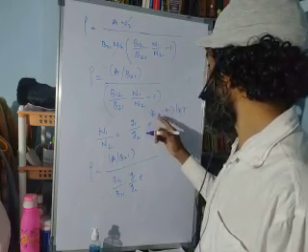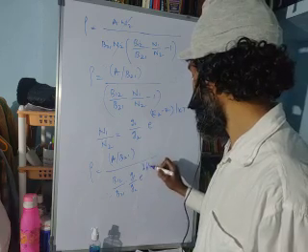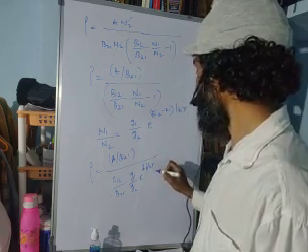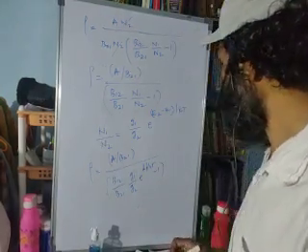We can even write this e2 minus e1 as h nu. So it is h nu by kT and minus 1. This is what we get for rho.